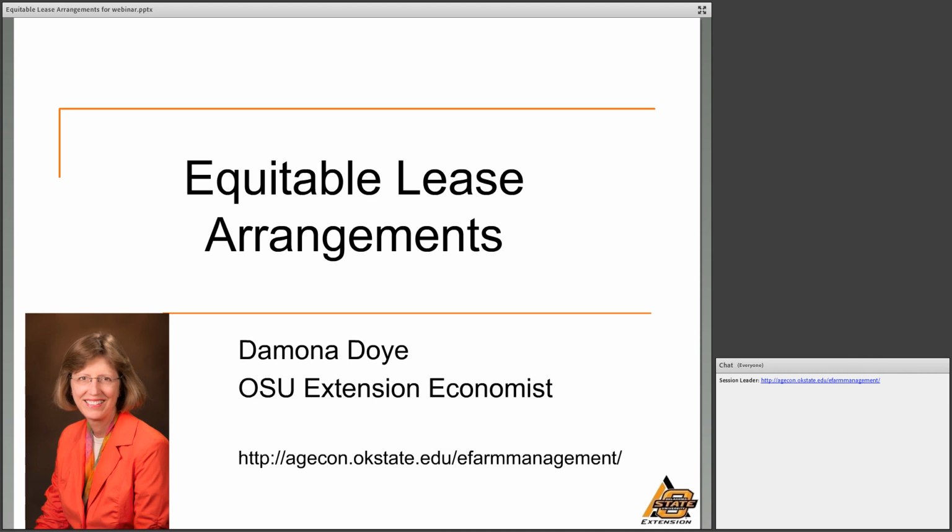So to summarize the three approaches that we looked at for developing an equitable cash rent for a piece of property valued at $1,700 in southwest Oklahoma, we looked at what the landlord might want. We came up with $53.